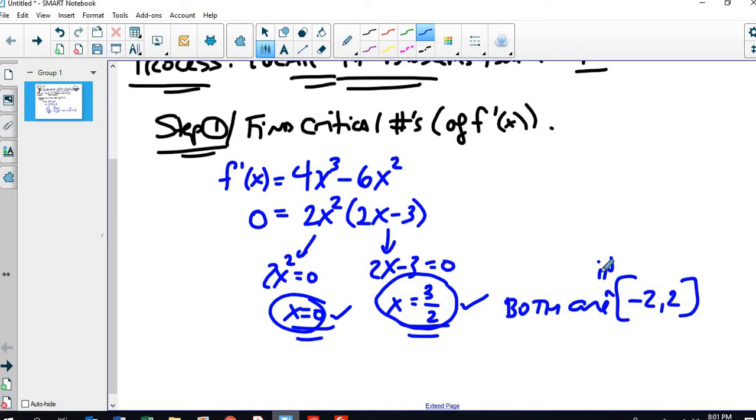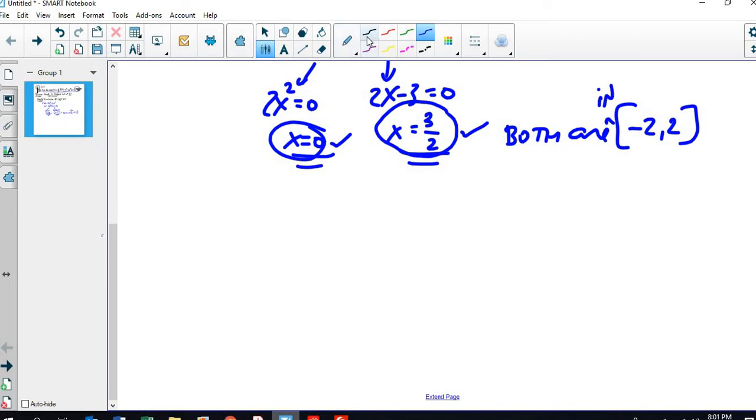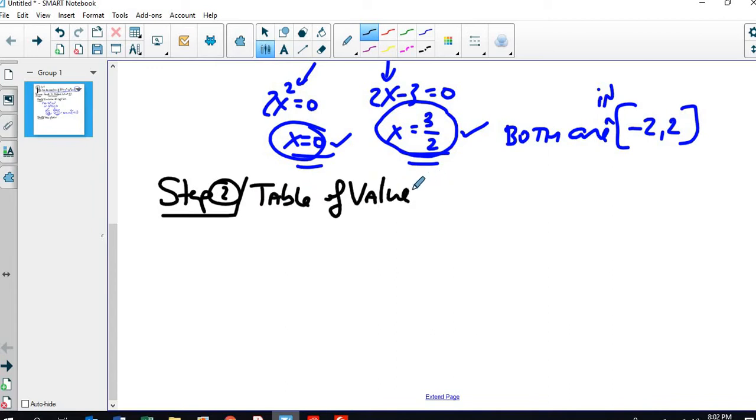All right, step two is the different part. Step two is where we do what's known as a table of values, or some places call it a candidates test.